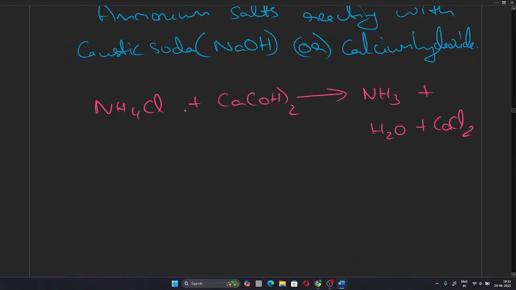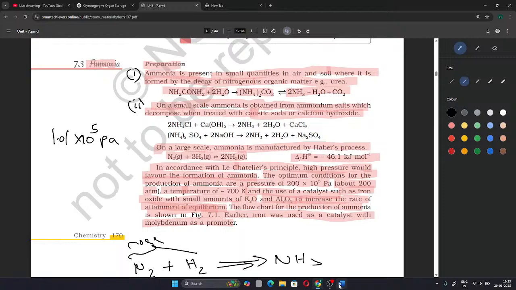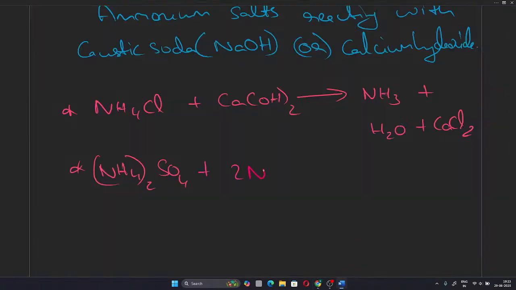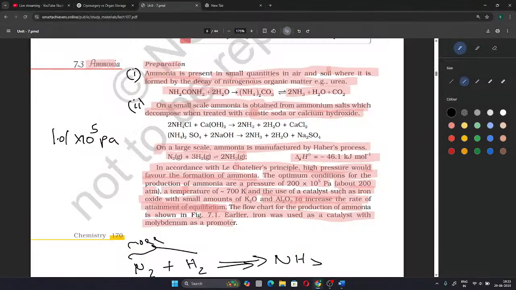And second reaction, ammonium sulfate plus 2NaOH will give NH3, water plus Na2SO4.